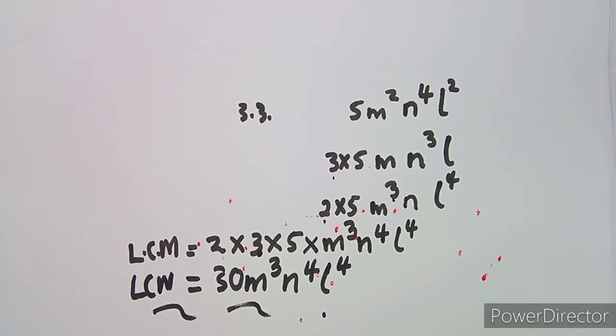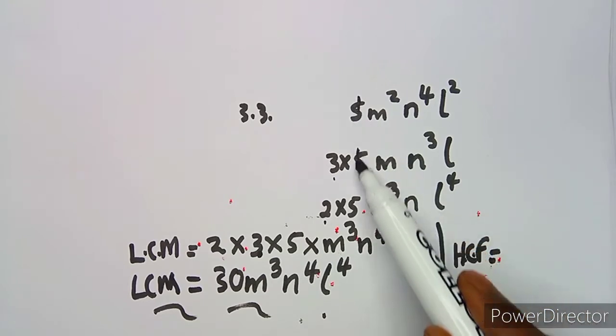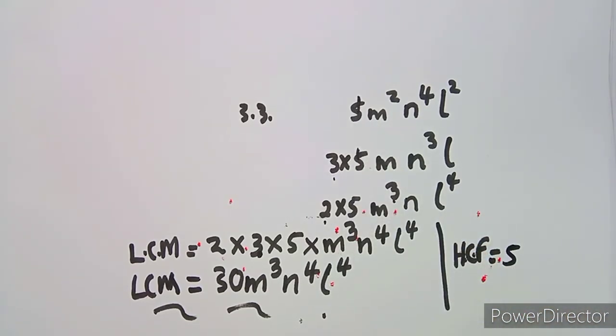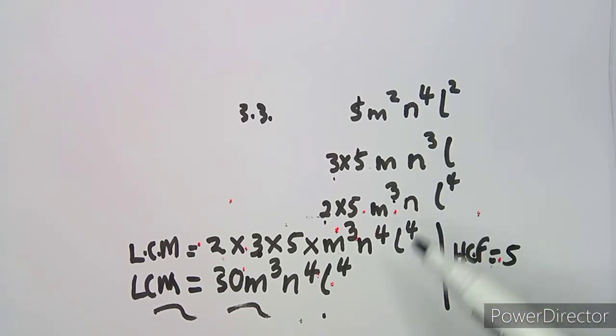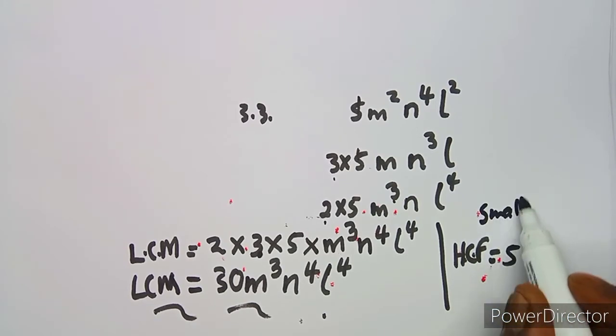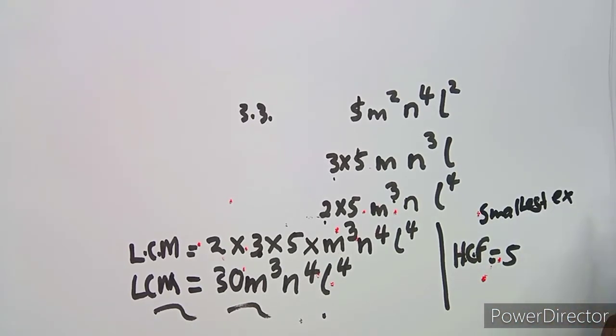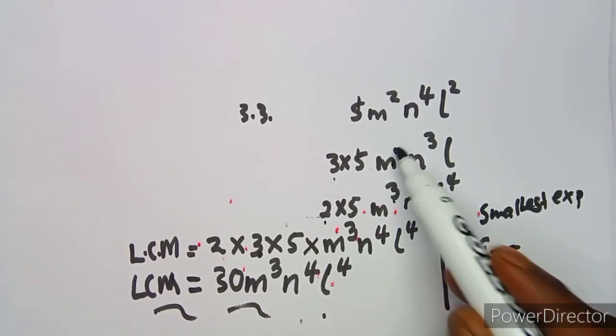Then the HCF, remember, you take what is common throughout. You do not take everything. You've got 5 here, 5 is common, so you take 5. When the terms are common, you take the one with the smallest exponent, which for m is m to the exponent of 1.